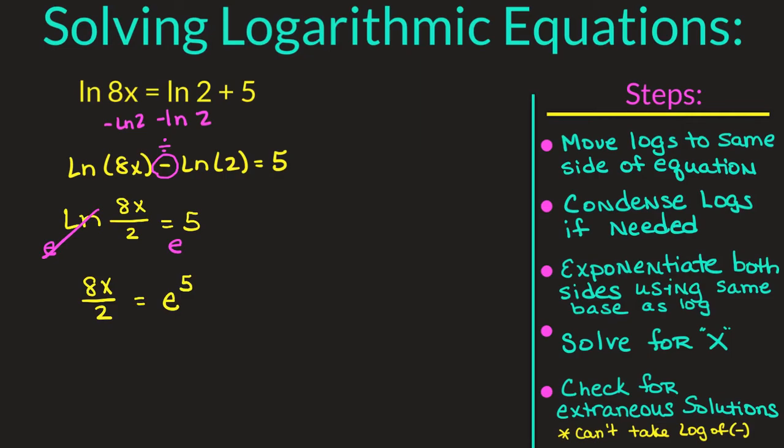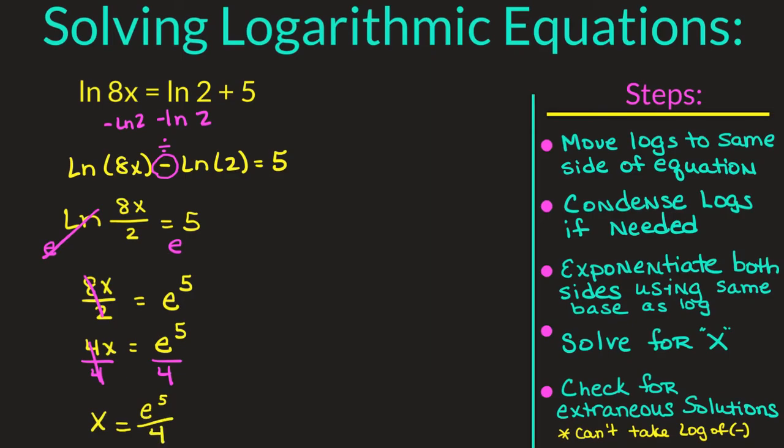Now, I can simplify the left side, 8x over 2. That will become 4x equals e to the 5th power. Just keep in mind you're solving for x, so that means I need to divide both sides by 4. And then we're going to have x equals e to the 5th over 4, or divided by 4.